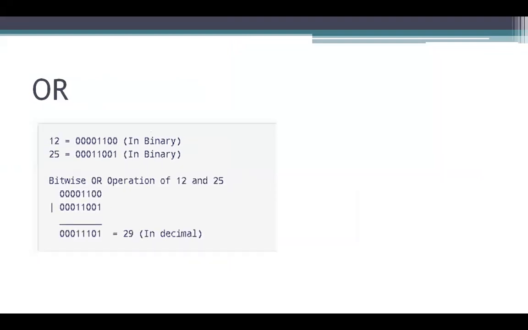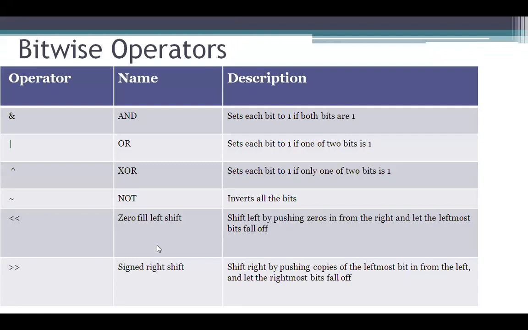Let's see the next operation, that is left shift and right shift. In the left shift, it shifts the bits to the left by pushing 0 in from the right, and the leftmost bits fall off. In the right shift, it shifts to the right, and the rightmost bits will fall off.